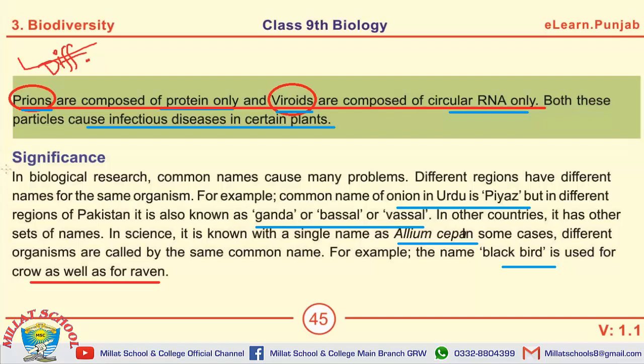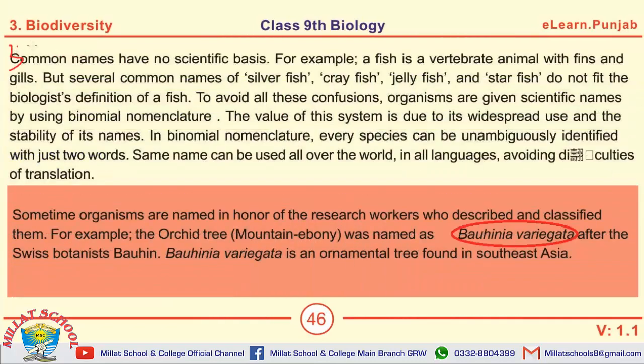The first point may be, in biological research, common names cause many problems. The second one is, different regions have different names for the same organisms. So these 2 points. And the next point is, common names have no scientific basis. These 3 points can be discussed as advantages of scientific names.